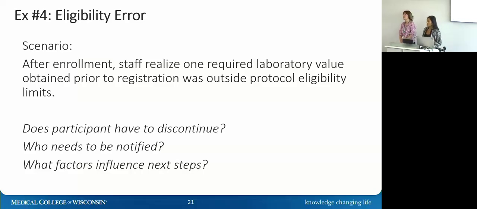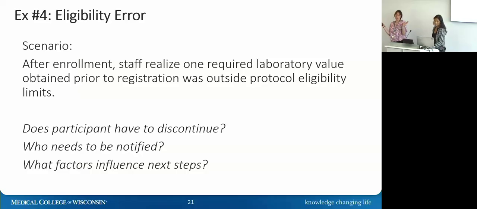And then what factors will influence next steps? We kind of talked about this a little bit. What would depend on if we're going to potentially take the patient off, what kind of factors would go into that? Does the patient have the right disease for this trial?